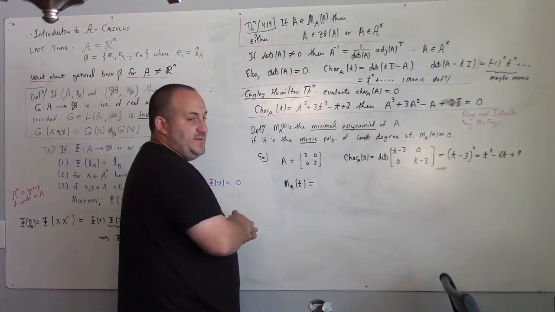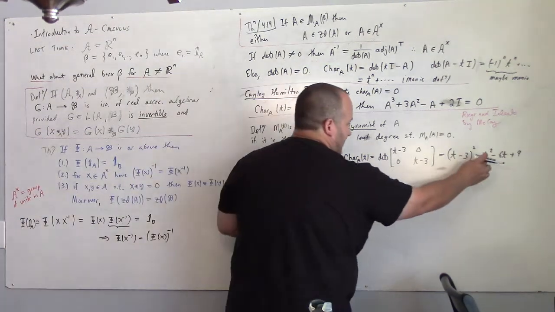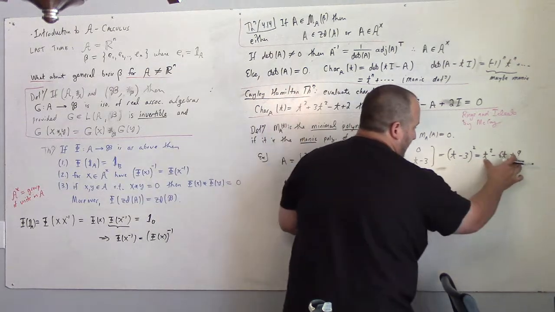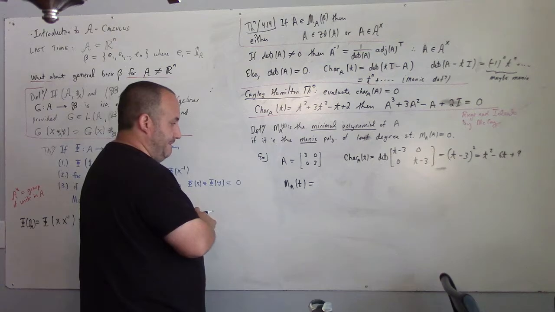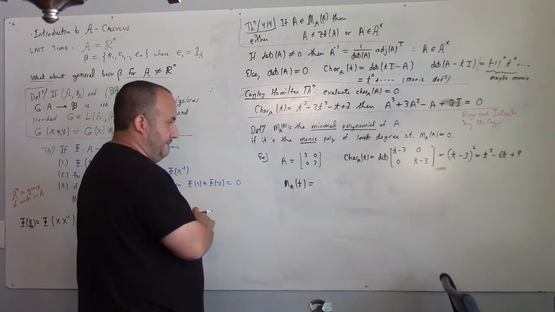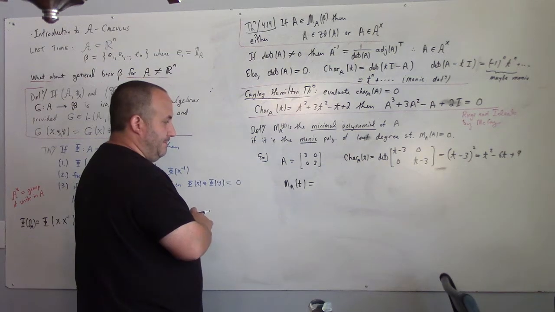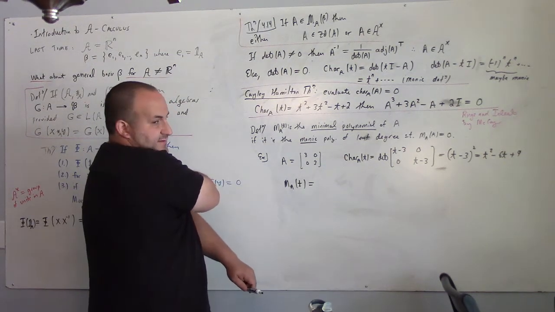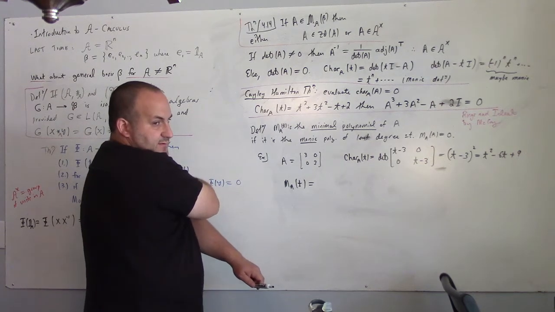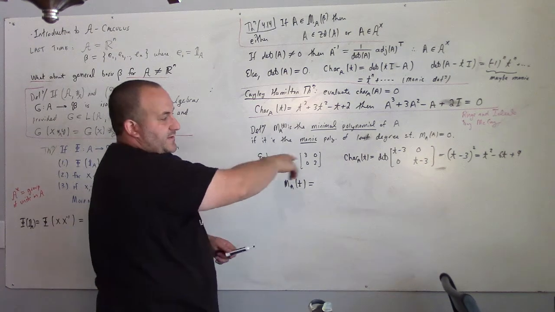I know Cayley-Hamilton says if I plug A into this, it will give me 0. So it's either got to be order 2 or order 1. Those are our choices for polynomials.